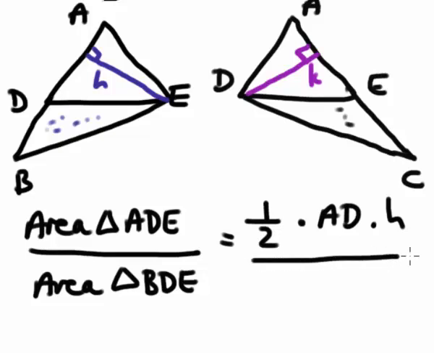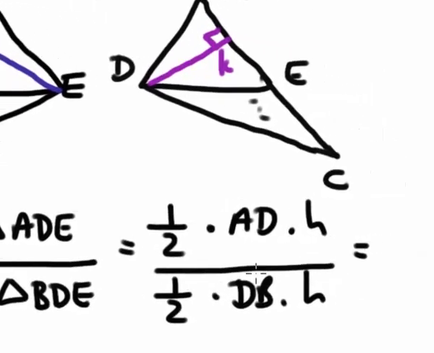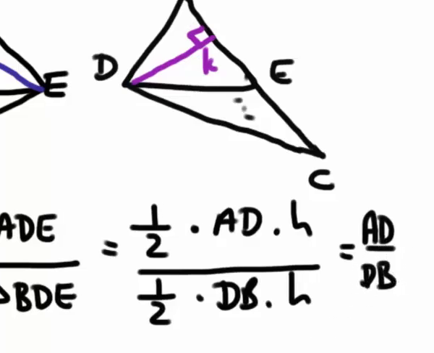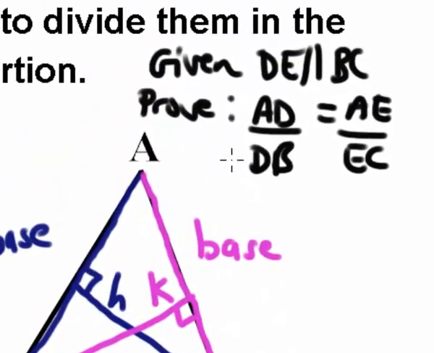Now for triangle BDE, it's a half, the base is DB, and the height is the same. Now what happens is that the h's and the halves cancel, and you're left with AD over DB. Okay, you're left with that.